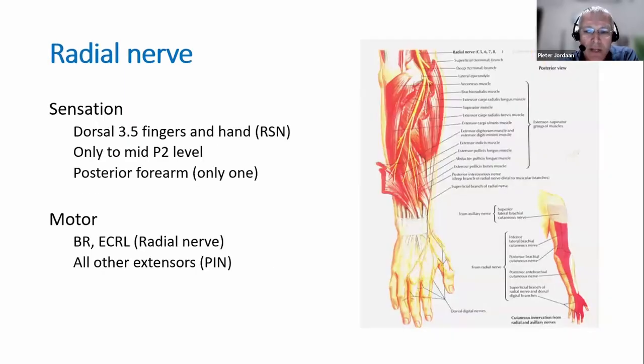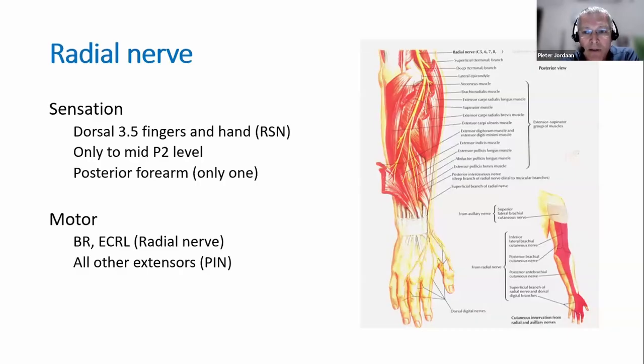The radial nerve, sensation you know as well, the dorsal 3.5 fingers, but only to the mid P2 level. And this is the only nerve that's got sensory supply in the forearm, and that's the posterior forearm. Motor function, all your extensors. So brachioradialis and ECRL is the radial nerve proper.